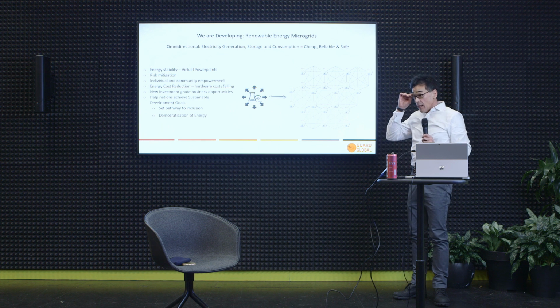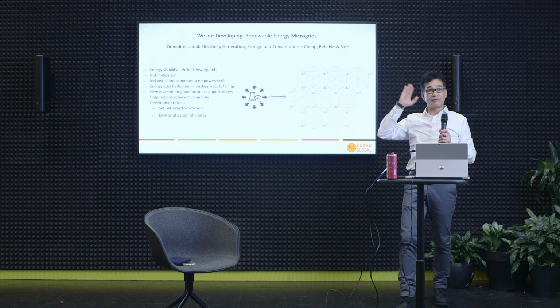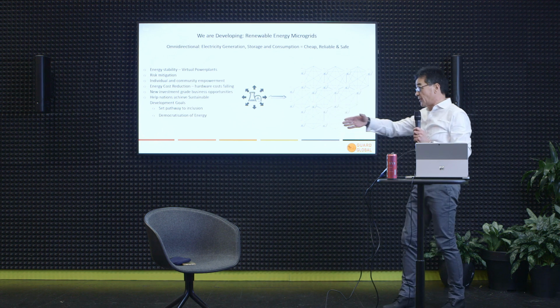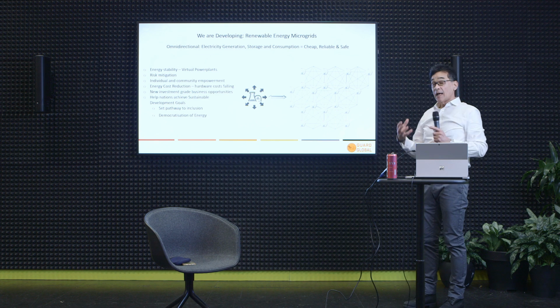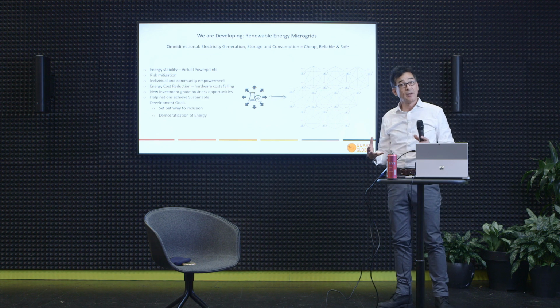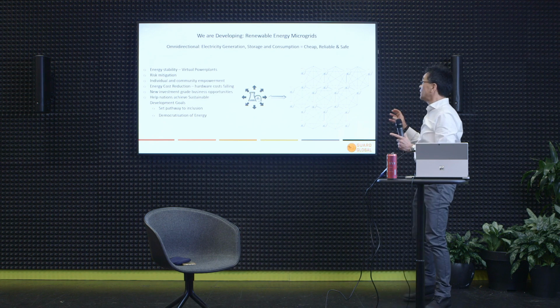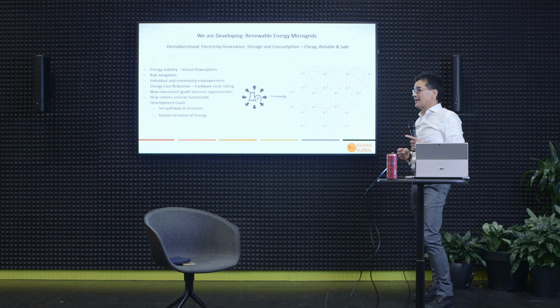Okay, so instead of having this unidirectional flow of electricity from power stations to the consumer, what we're going to do is create omnidirectional electricity generation, storage, and consumption through the use of microgrids. And this solution is cheap, reliable, and safe.